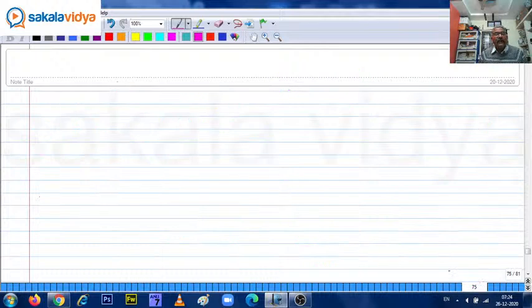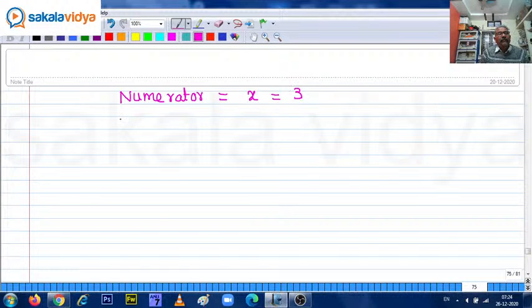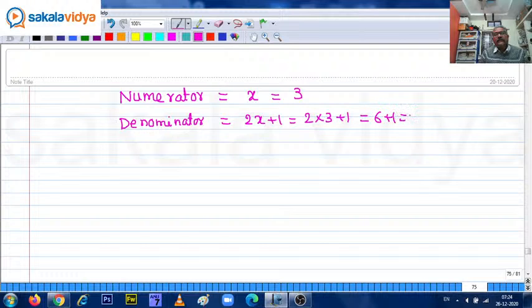So that means we have numerator equal to x, that is 3. Now we need the denominator. How do you get the denominator? Twice the numerator plus 1. 2 into 3 plus 1, that is 6 plus 1, 7.